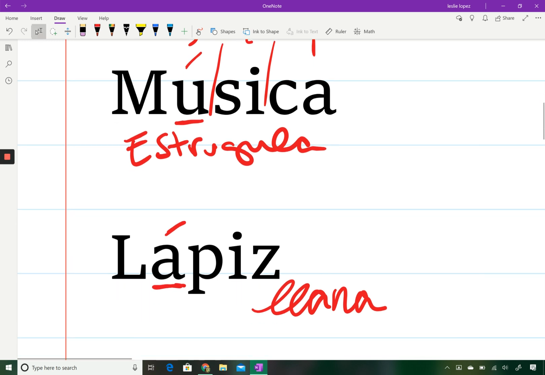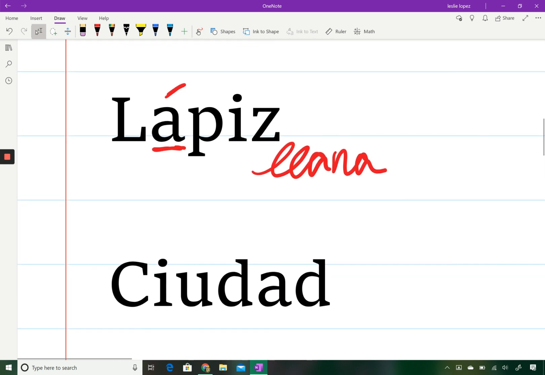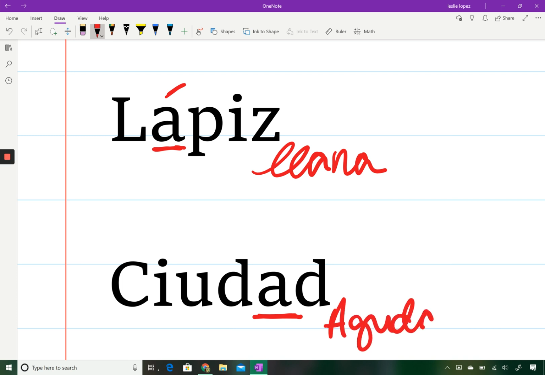So we'll keep going. Our next word is ciudad. Ciudad. Remember that you could always pause the video if you need more time. Ciudad. So the word ciudad has a clear stressed syllable right here. Thus, since it is on the last syllable, this makes it a palabra aguda.